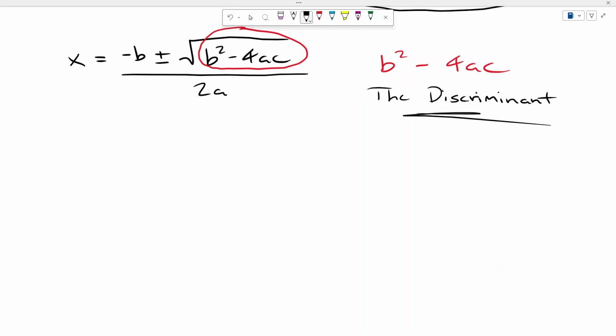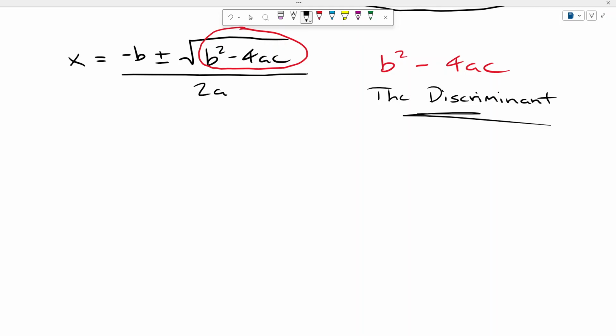All right. So b squared minus 4ac, that's called the discriminant. Again, be mindful, don't worry about the square root. It's what's inside the square root. So it's just the b squared minus 4ac, the discriminant of the general form equation for a quadratic, ax squared plus bx plus c equals 0.